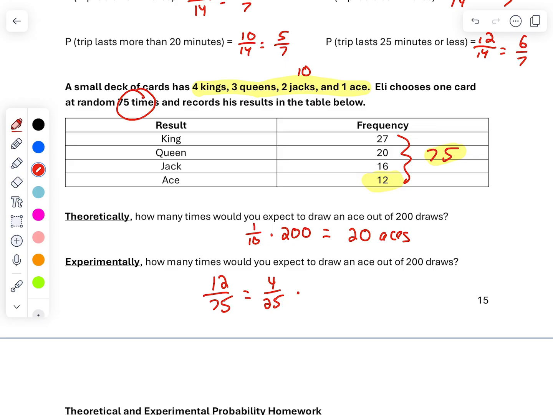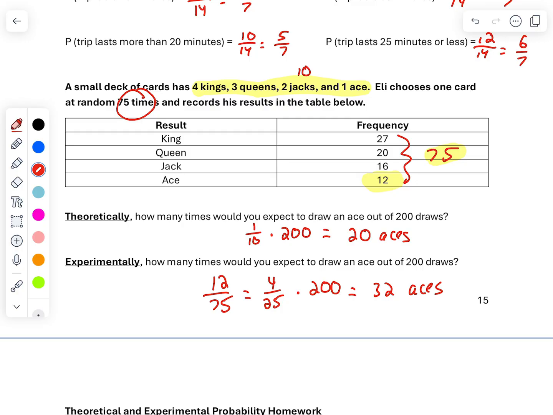Then if I multiply this by my 200, I would get 32 aces.